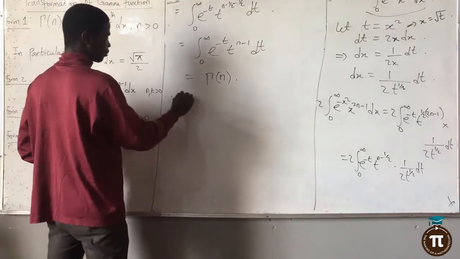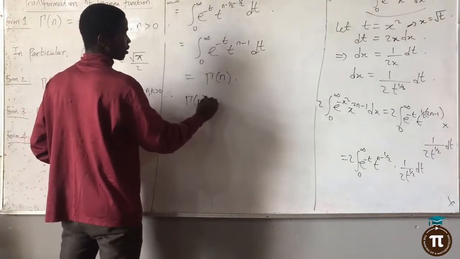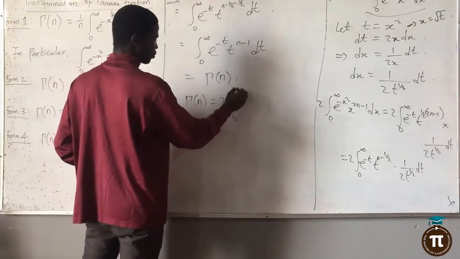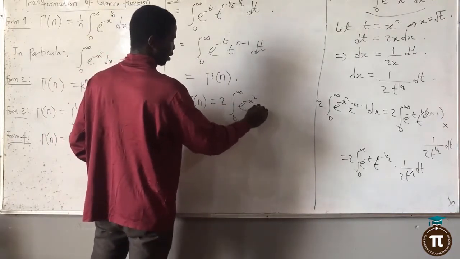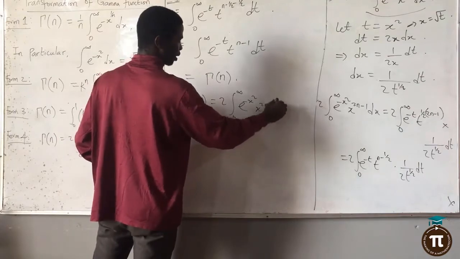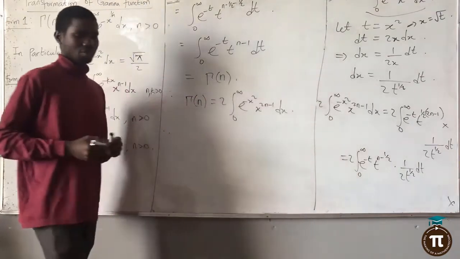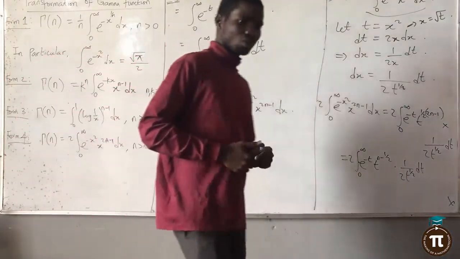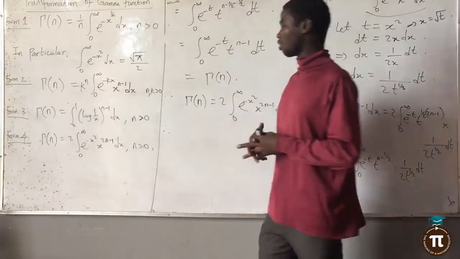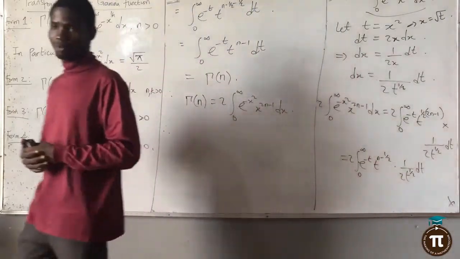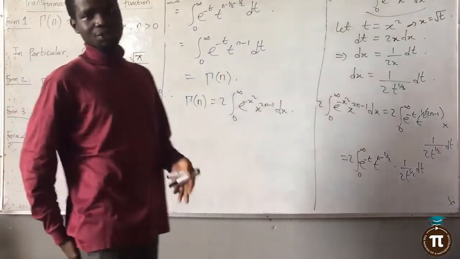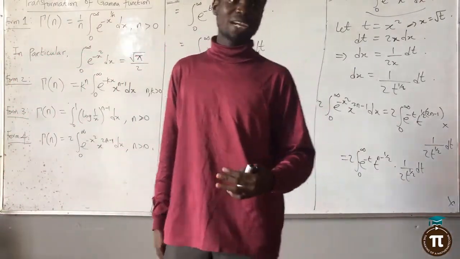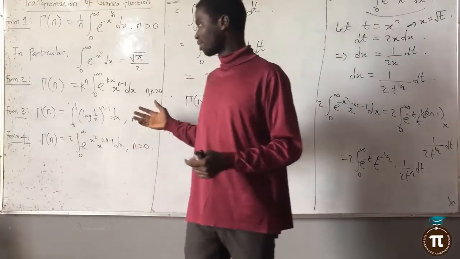Therefore, gamma of n is equal to 2 integral from 0 to infinity of e raised to the power of minus s squared, s raised to the power of 2n minus 1 ds. So we have concluded the different form of writing the gamma function, the transformation of writing the gamma function. You have seen them now.